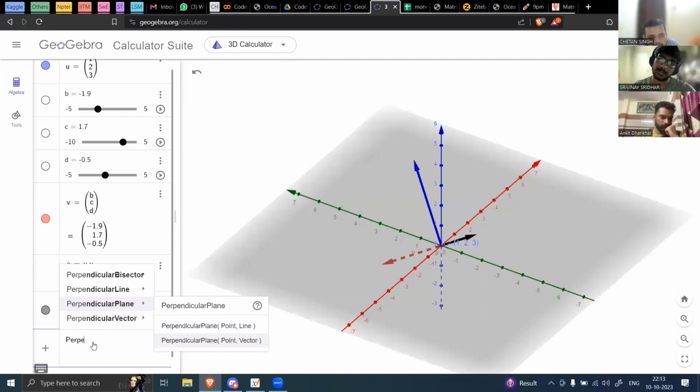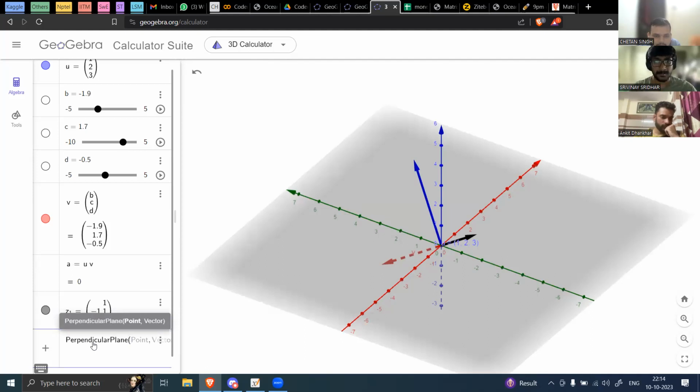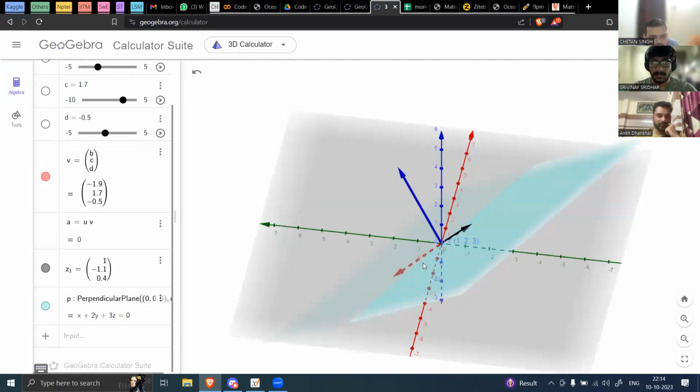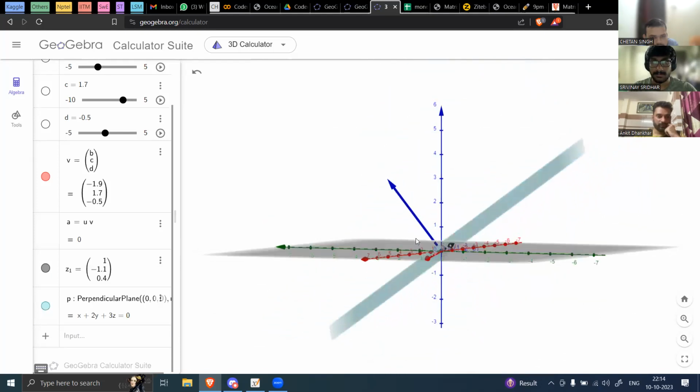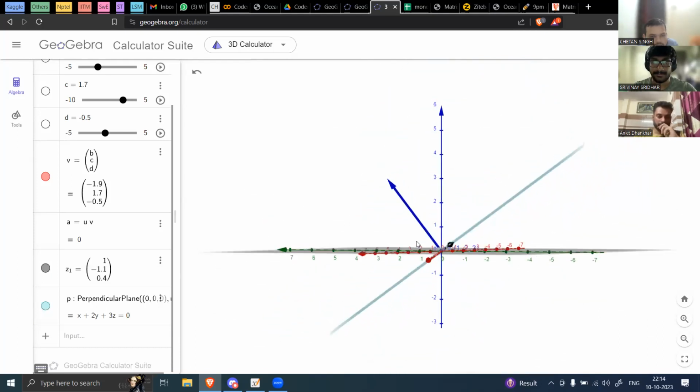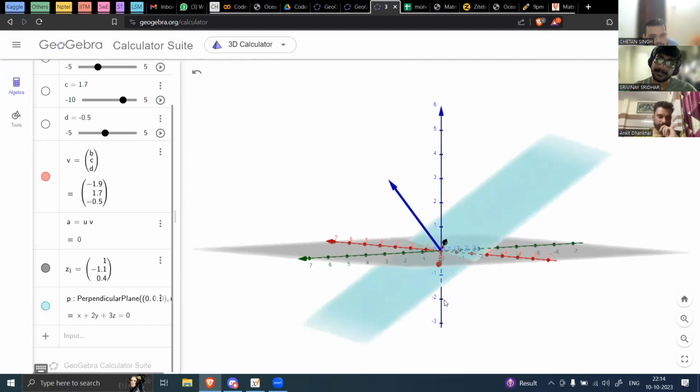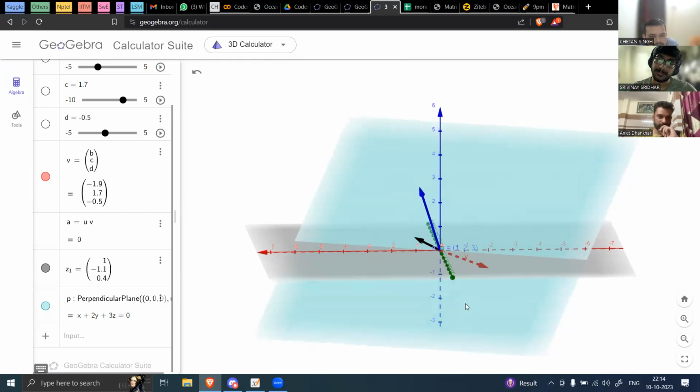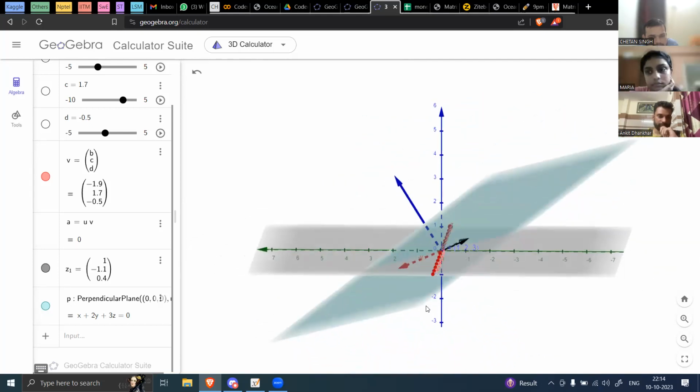What point and what vector? 1, 2, 3. The point can be the origin, and the vector u. So they all lie on this plane, right?